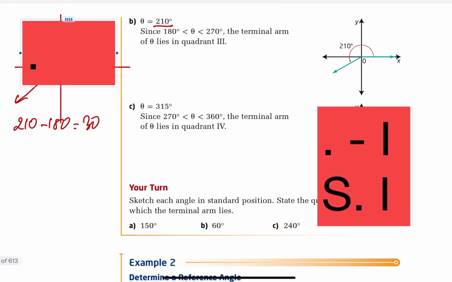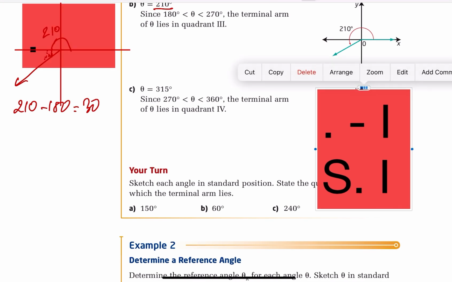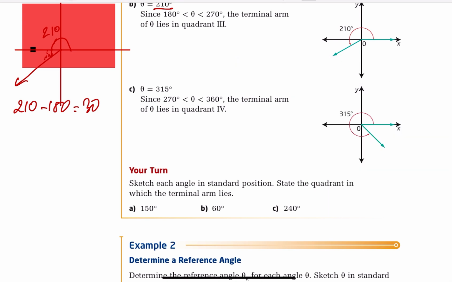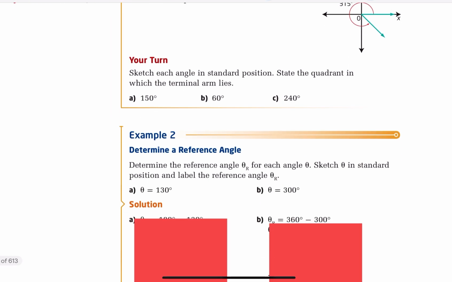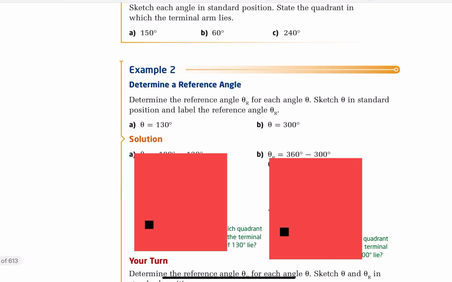Same thing here, you just do the same thing, and you will see that it gives you this figure. Okay, now determine the reference angle. Determining the reference angle is just what I showed you before. You have your original angle theta, which is 130.